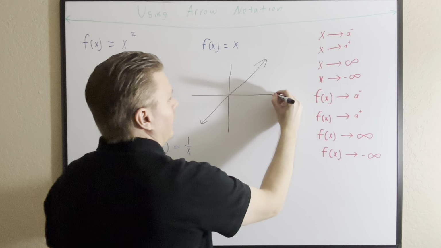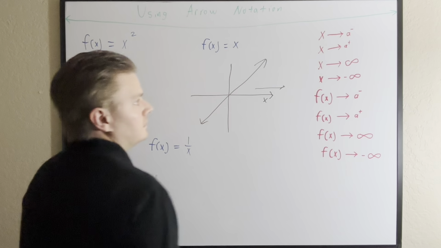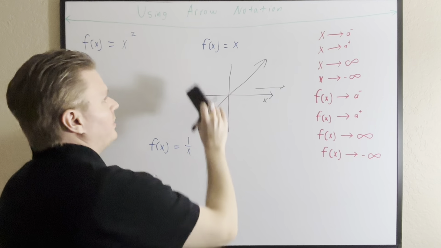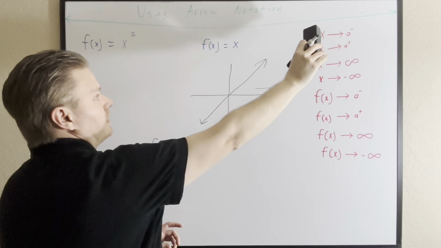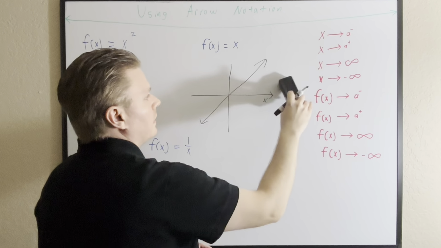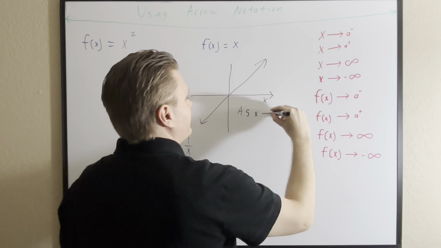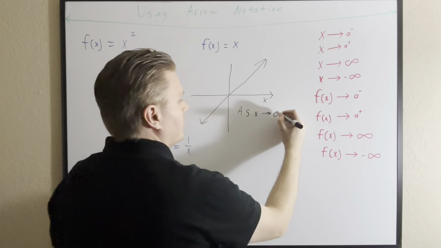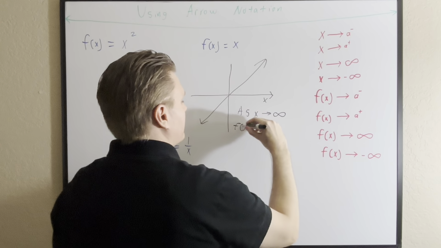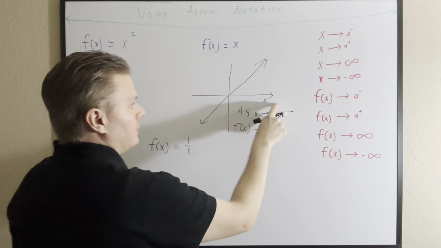Well, as X approaches, I guess in this case, infinity, because there's nothing stopping this line. It just goes off to infinity in both directions. That's why we have the arrows on it. So as X approaches infinity, for a simple line graph, f of X approaches positive infinity, right?